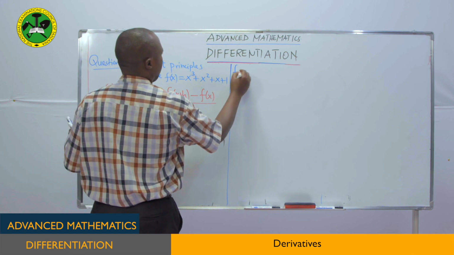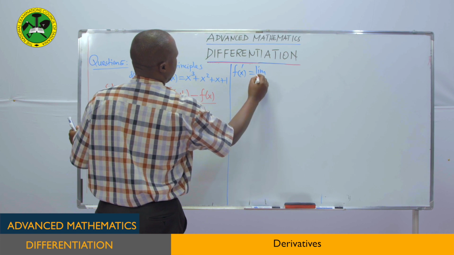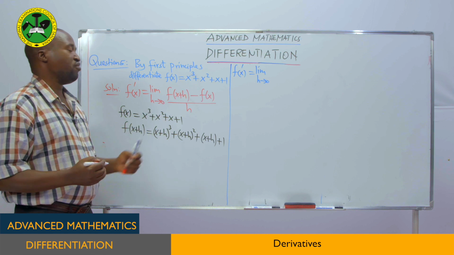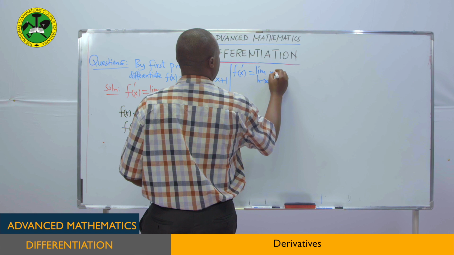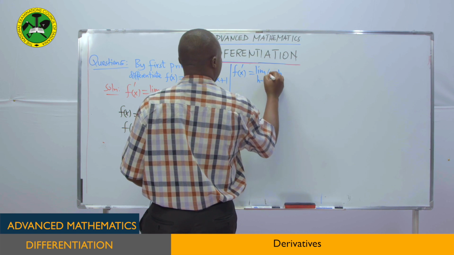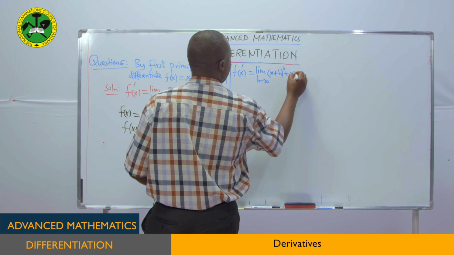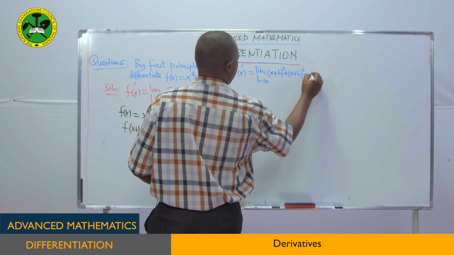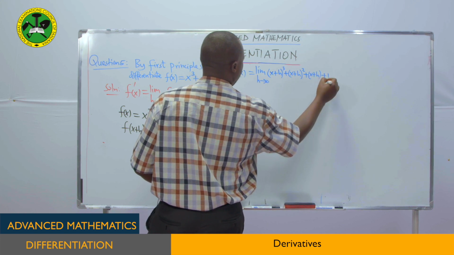So we have f of x dash is equal to the limit as h approaches 0. We start with f of x plus h, which is (x plus h) cubic plus (x plus h) squared plus x plus h, then plus 1.